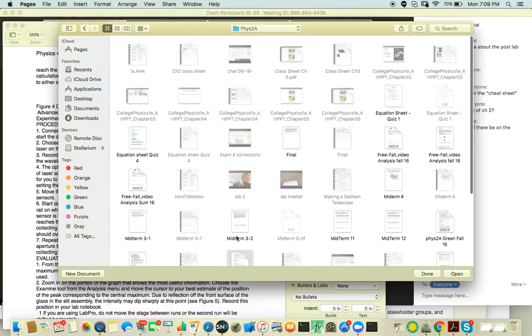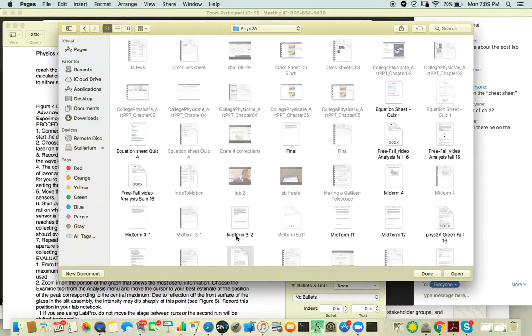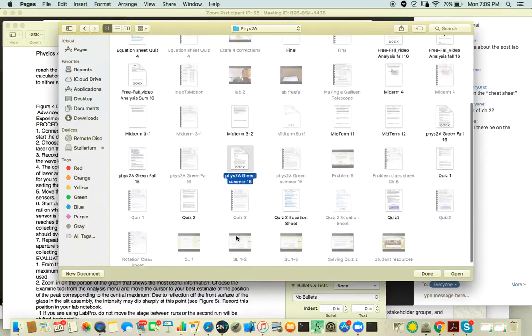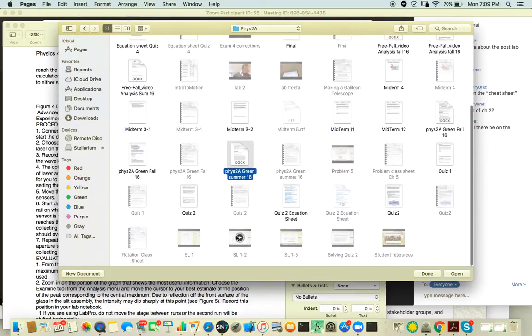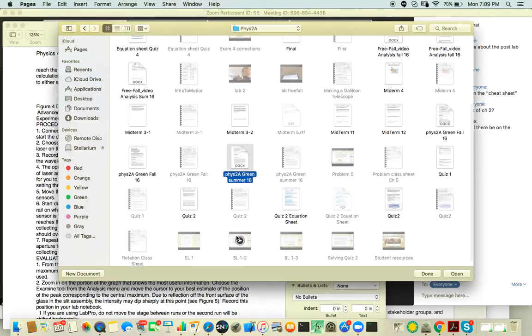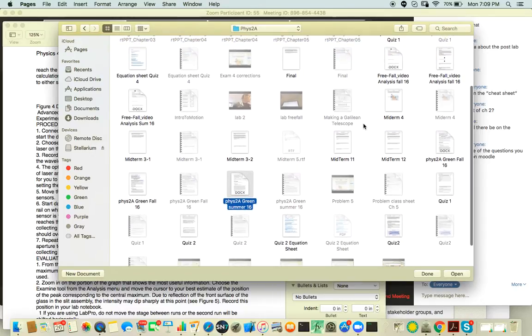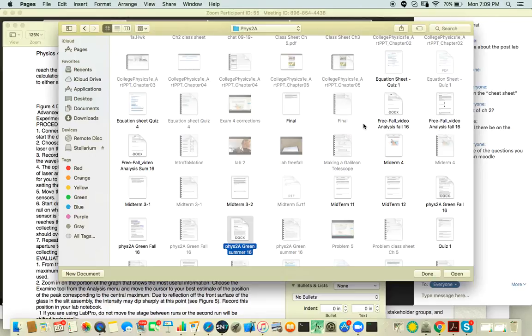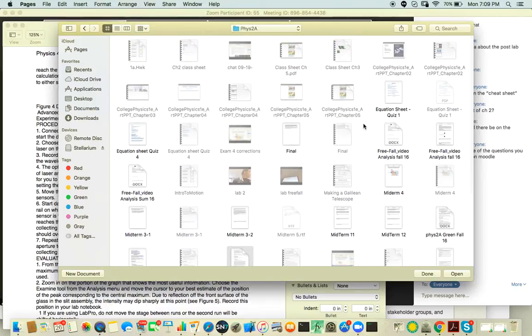Equation sheet. Midterm quiz. So the quiz. Quiz 2 equation sheet. Where is it? I thought I had it. Equation sheet. Oh, there you go.